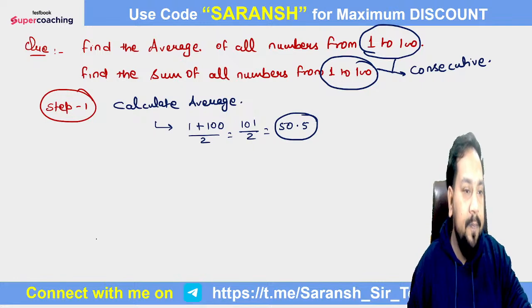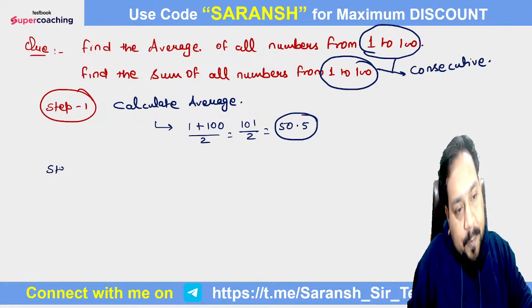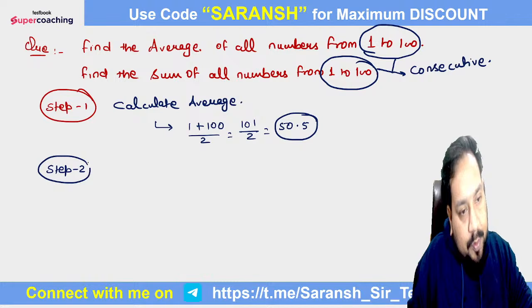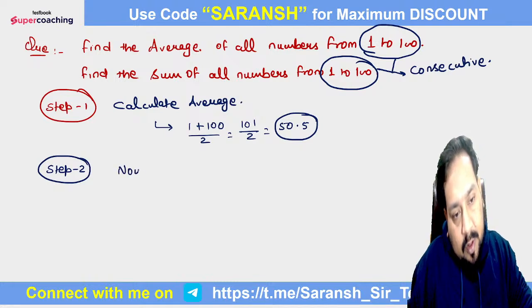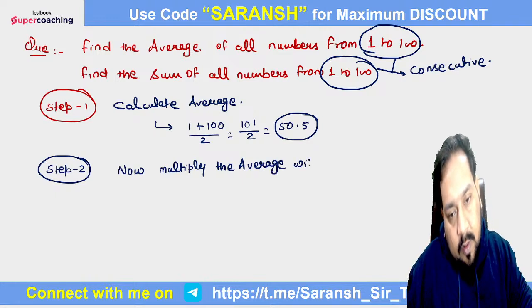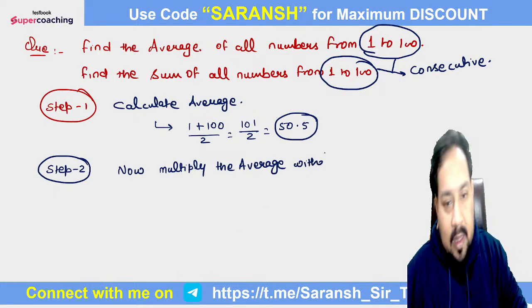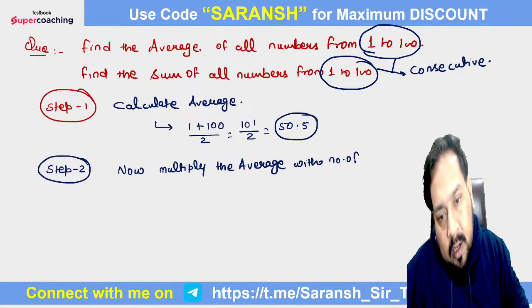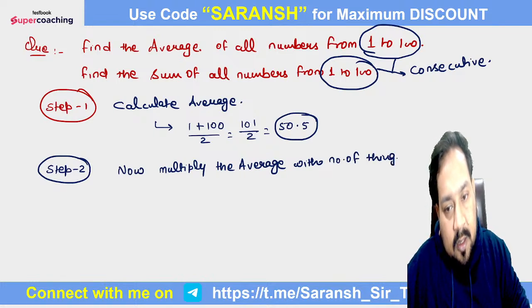Average is that. Step 2, now multiply the average with number of things.